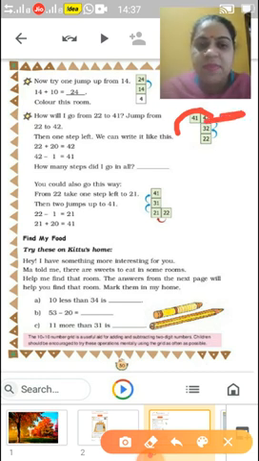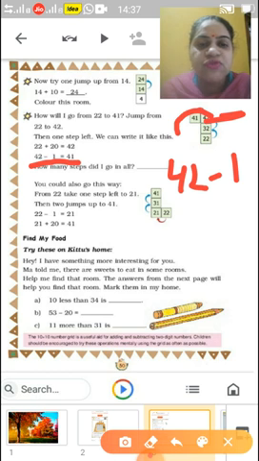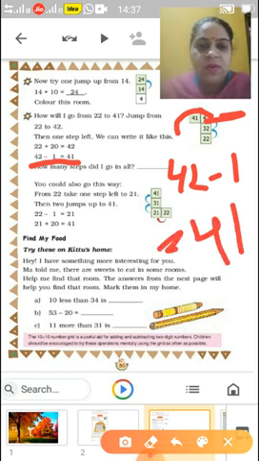He breaks this number, and then 42 minus 41, what will come? That is 1, or we can do 42 minus 1 when he goes to room number 41. How many steps did I go in all?